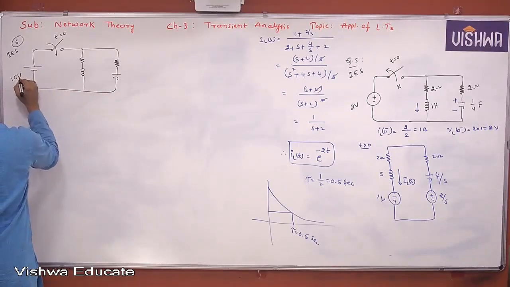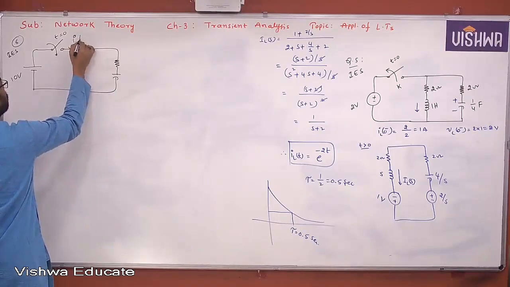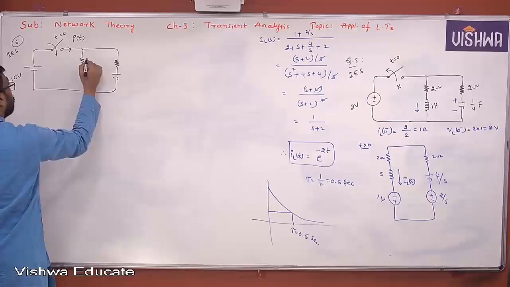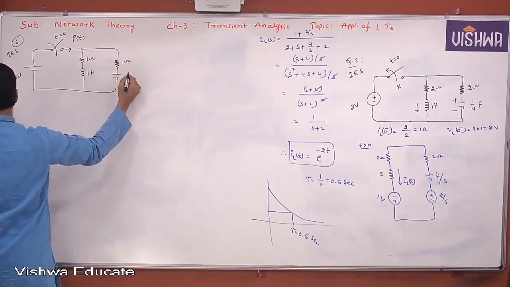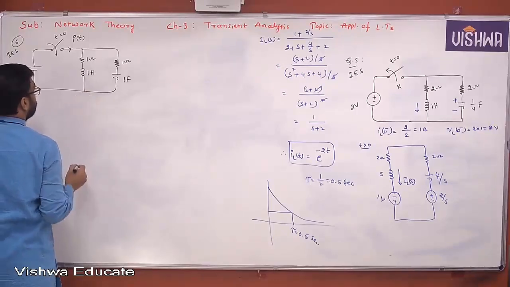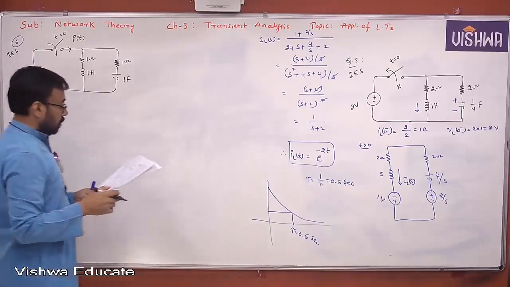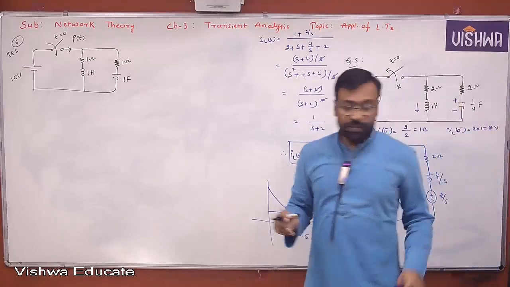Ten volts, t equal to 0, I of t, 1 ohm, 1 Henry, 1 ohm, 1 farad. He's asking what is I of t for t greater than or equal to 0.